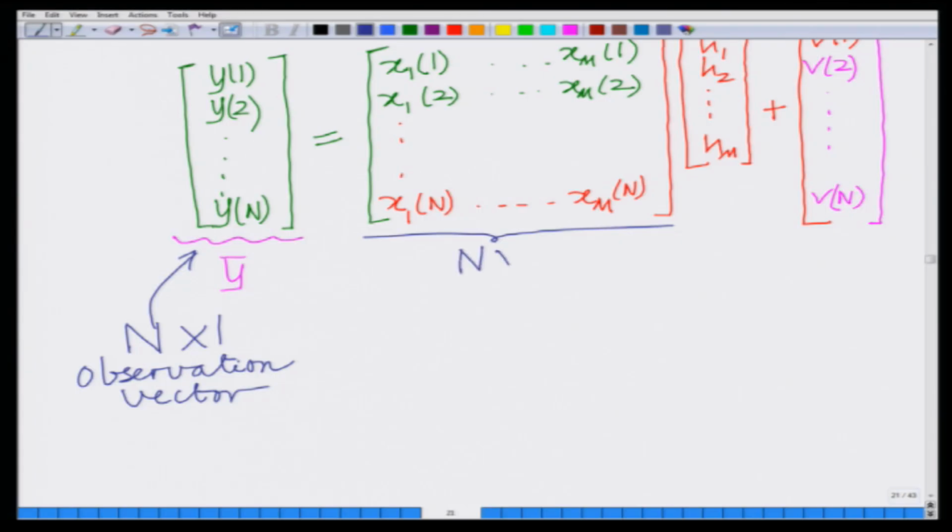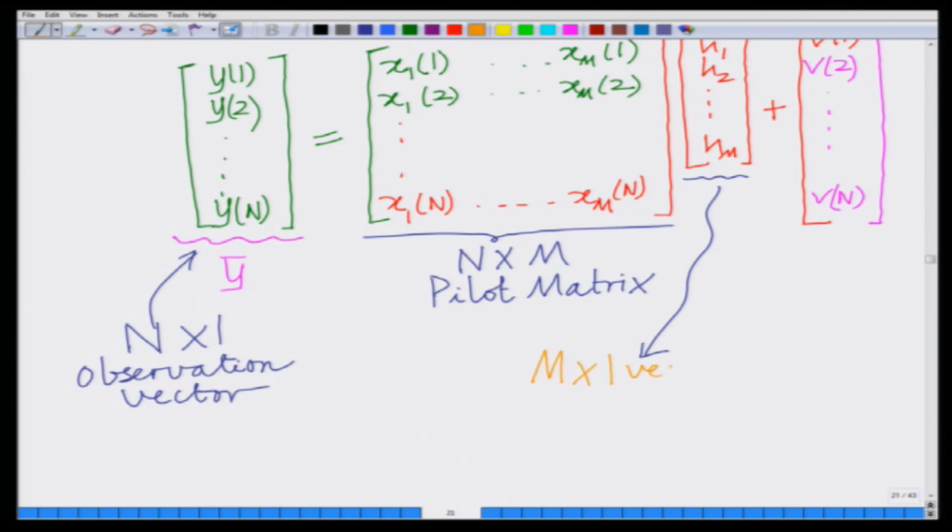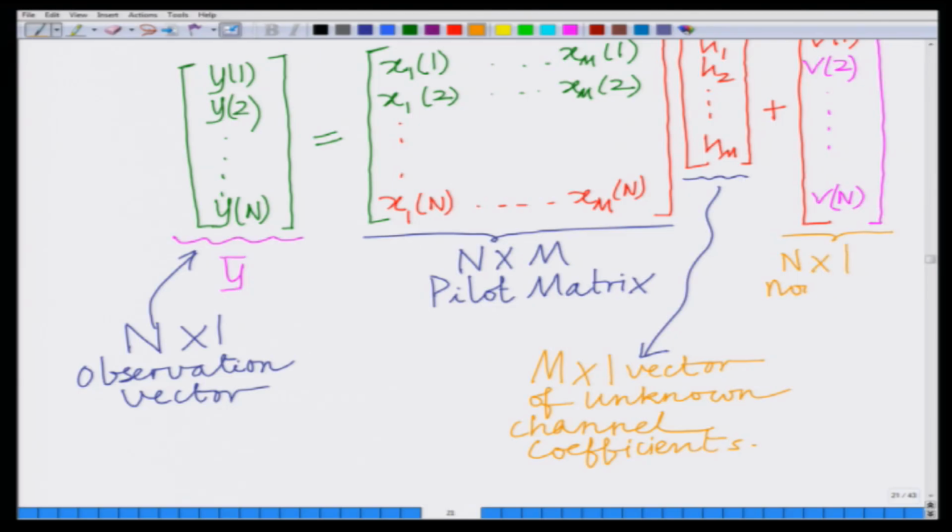This is the n cross m pilot matrix, that is the matrix of pilot symbols, and these are the unknown, this is the m cross 1 vector of unknown channel coefficients, and this is your n cross 1 additive noise vector, or simply noise vector.